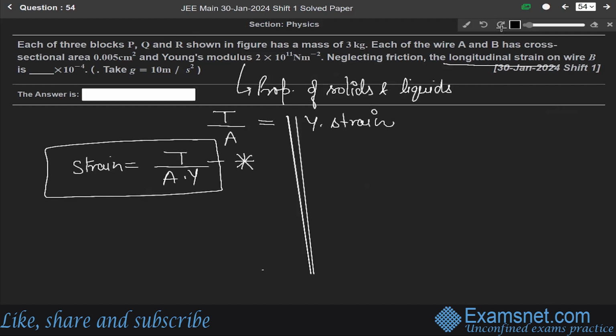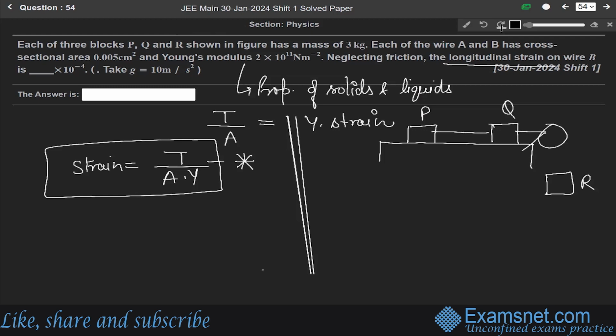Since according to the question, there are three blocks: block P, block Q, and block R. This is a pulley and this is a string. Each block has a mass of 3 kg.